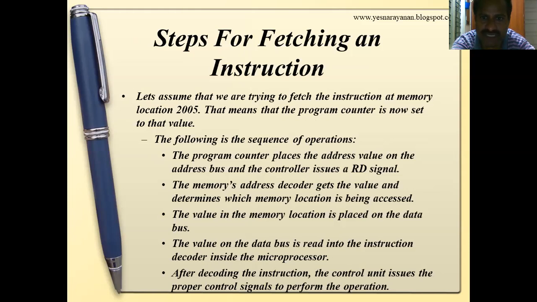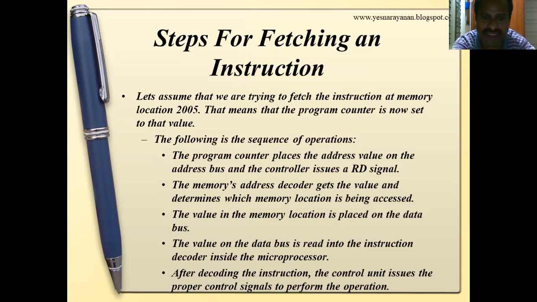The control unit issues a read bar signal. The memory's address decoder gets the value and determines which memory location is being accessed. The value in the memory location is placed on the data bus.